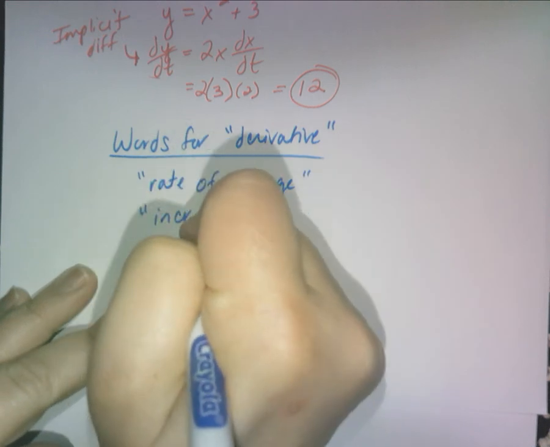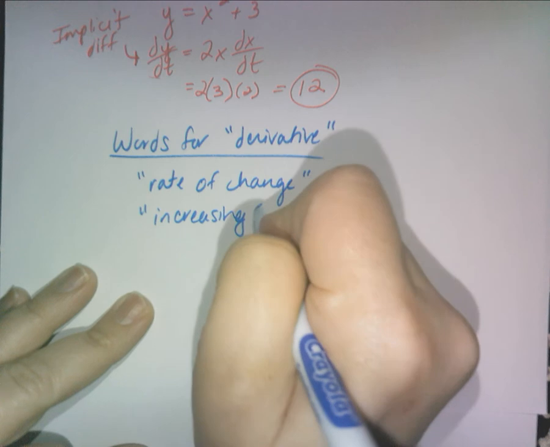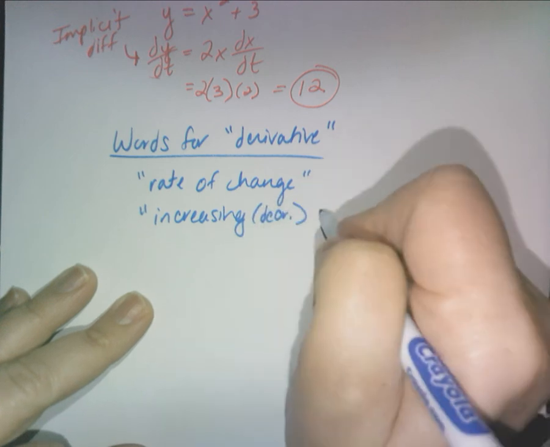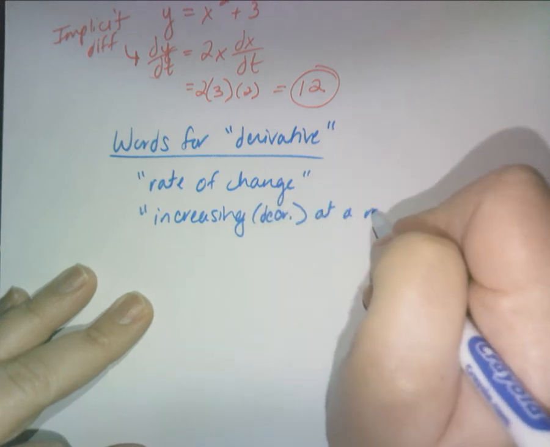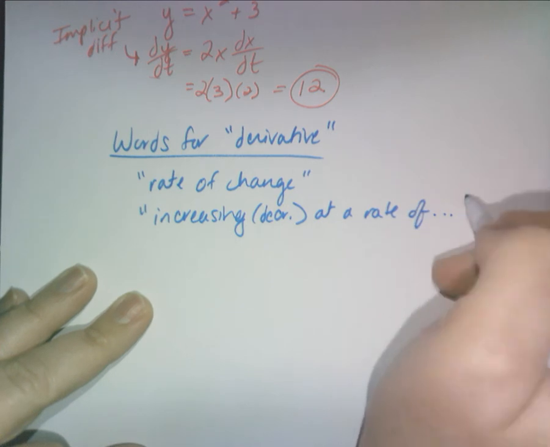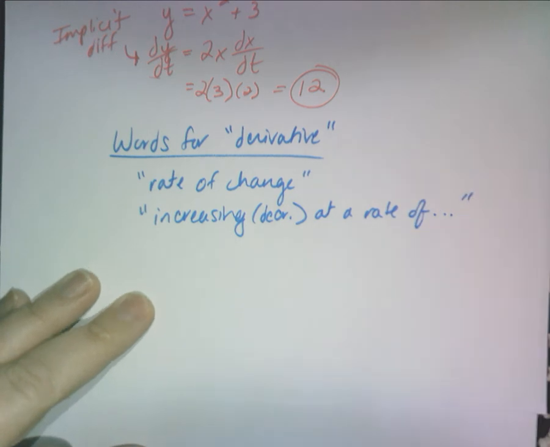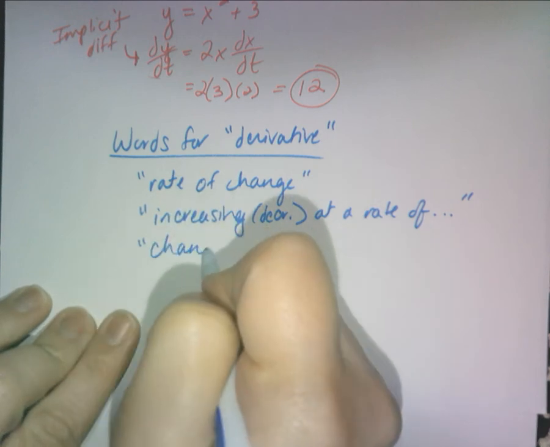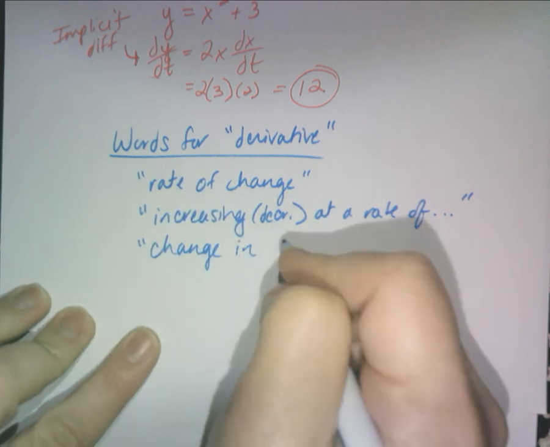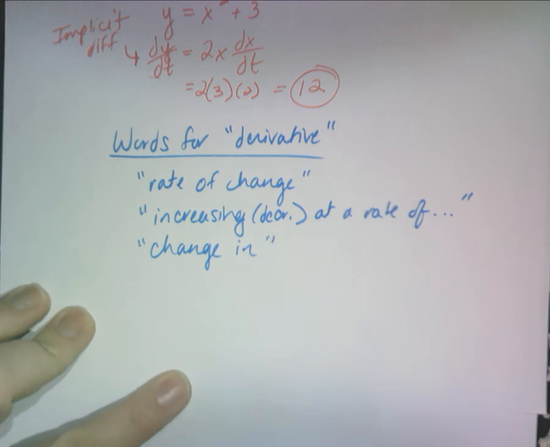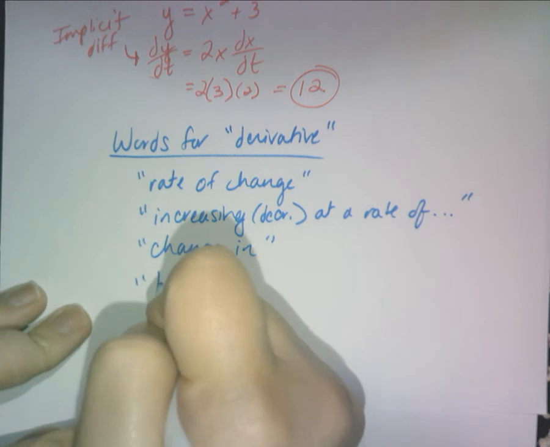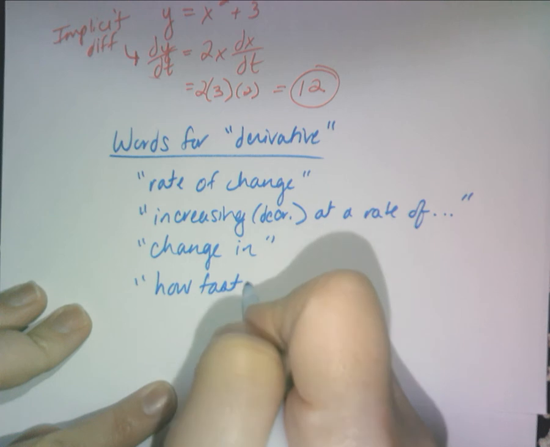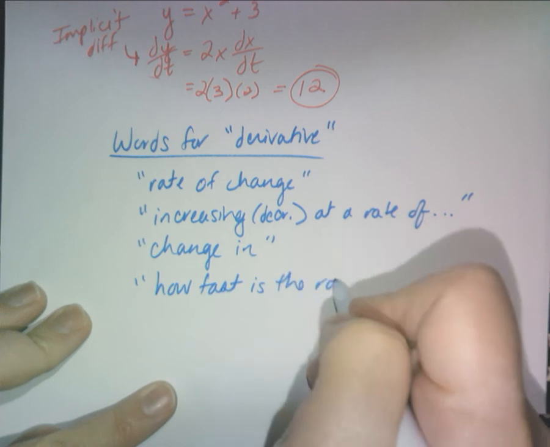When you see increasing or decreasing at a rate of, there's that word rate again. Remember, rate is just slope. When you see change in, the change in the diameter, the change in the volume, okay? That is another word for derivative. Even something like how fast is the rate? They like that rate word, by the way.